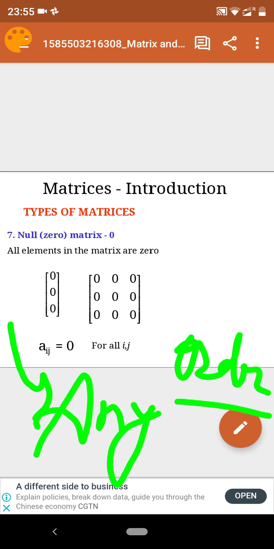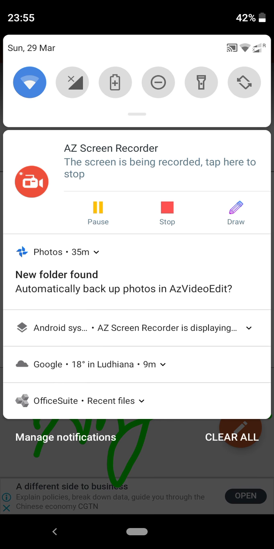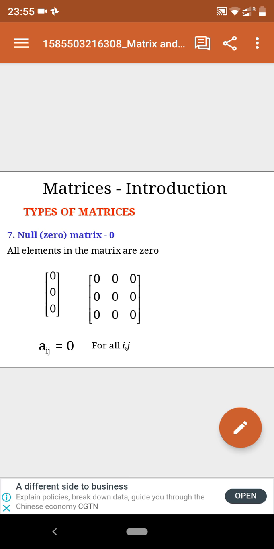All of us know what is 0. Any element that adds to any other element of the set, you get the same element, right? So that is what is additive identity. ठीक है जी. तो नल मैट्रिक्स कहते हैं, जीरो मैट्रिक्स कहते हैं जिसकी सारी एंट्रीज जीरो हों. इसका ऑर्डर कुछ भी हो सकता है, राइट? And need not be a square matrix.